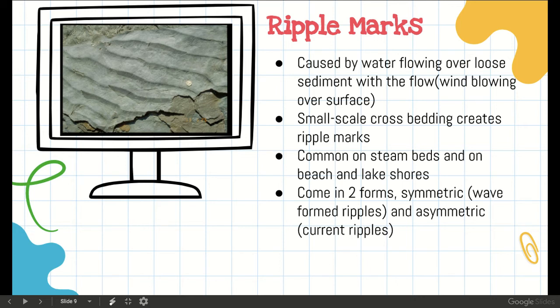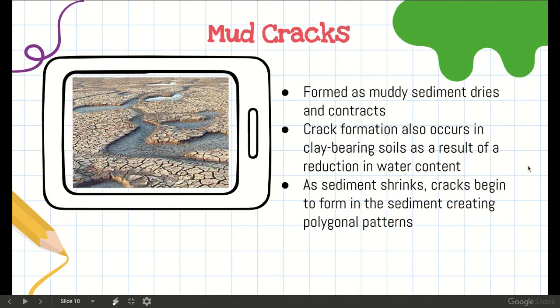Think of a beach environment, common on stream beds and beach and lake shores. If you go to Lake Michigan and walk in the shallow part, you can feel those ripple marks on the bottom of the sand, right underneath the shallow water. So when that gets frozen in time in a sedimentary rock, it tells us that there used to be a shallow beach environment there.